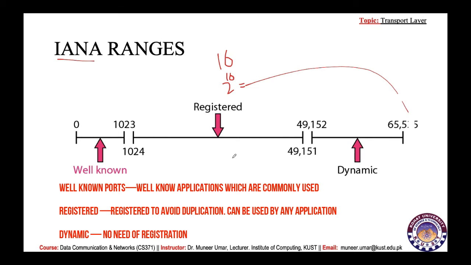We can use these port numbers without any registration or application to IANA, but it is preferred to get these port numbers registered with IANA so that we may avoid any sort of duplication. Then we have dynamic ports. These ports range from 49,152 to 65,535.